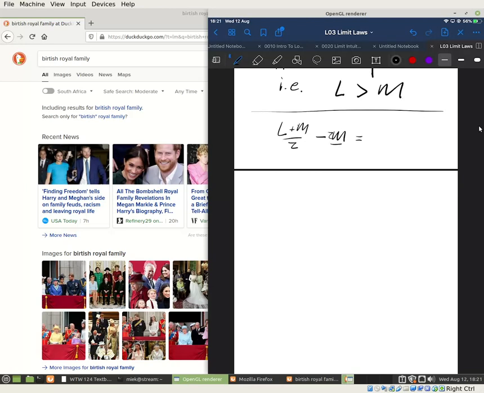Let's write it this way. That is equal to L minus m over 2. And you see here, if you take the m across, L minus m is bigger than 0.